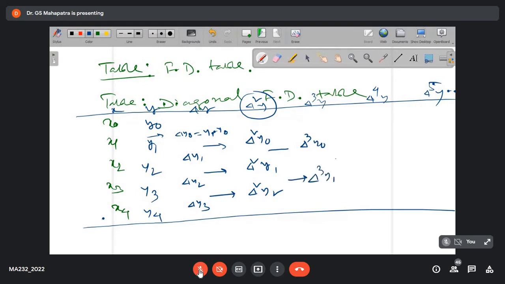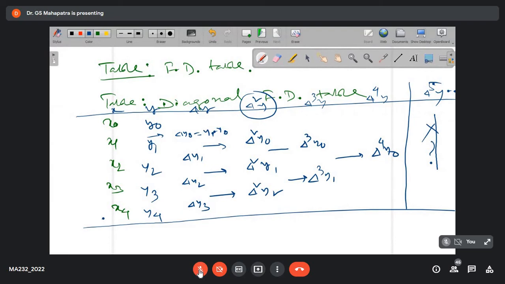Now del 4 will be in the middle of these, so del 4 y0. What about del 5 y0? Sorry, del 5, what will be the entry? There will be no entry. You can't find fifth order differences for these arguments.